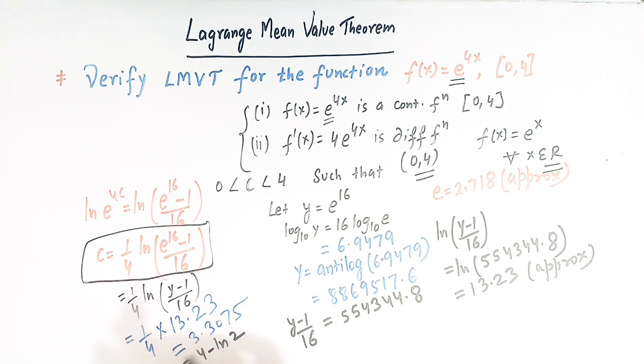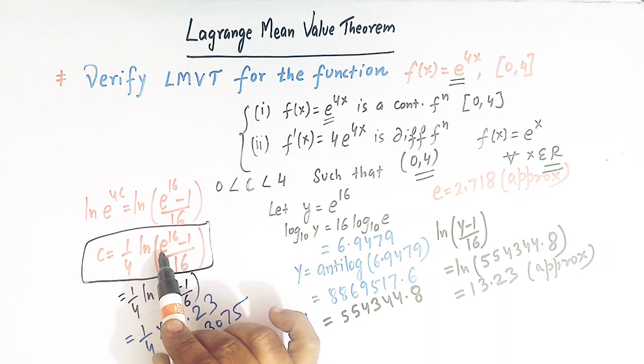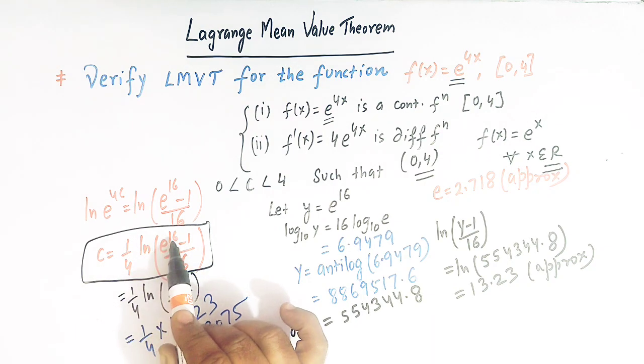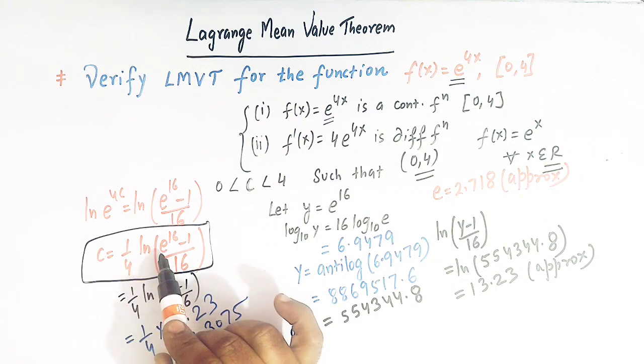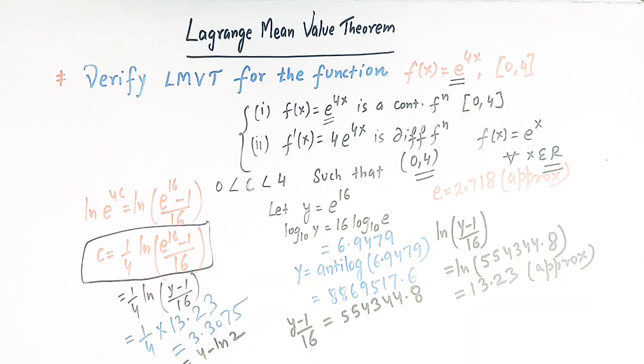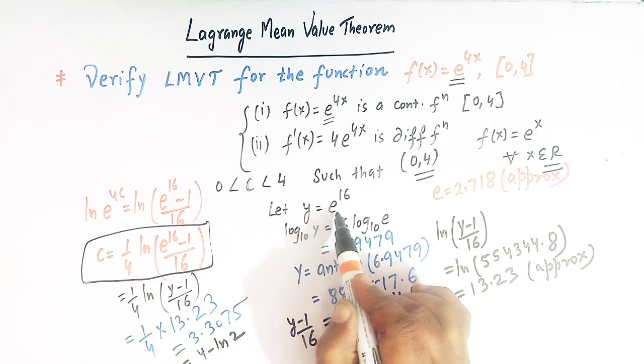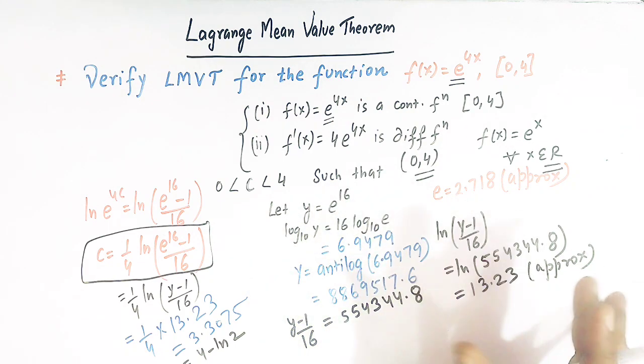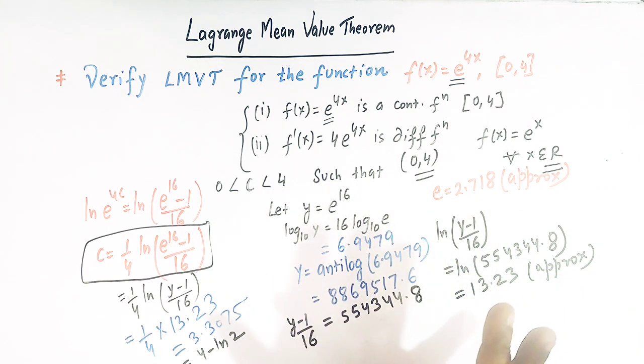So what we will do, we'll take help of logarithms, right? We have to separately find out the value of this expression, that is (e raised to 16 minus 1) over 16. So we'll take y is equal to e raised to 16. Just for saving time, I have already written all these calculations here.